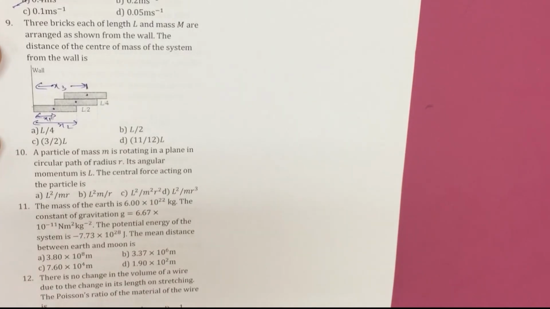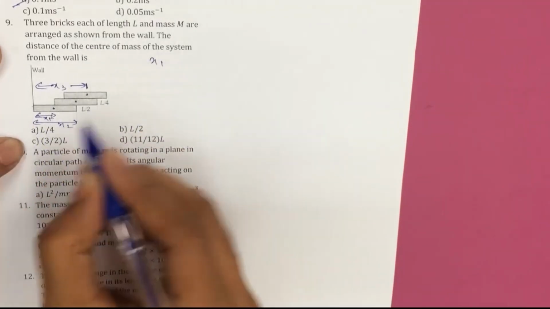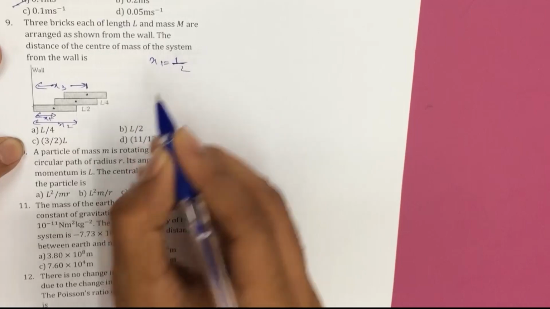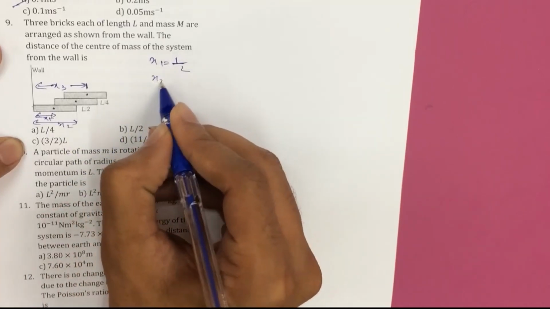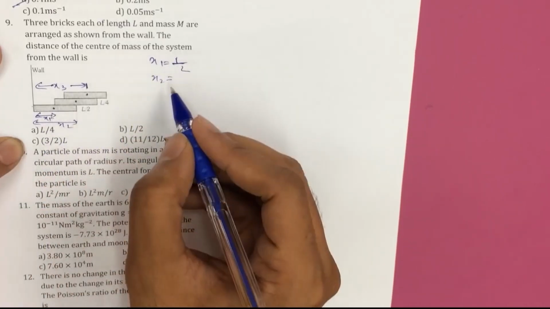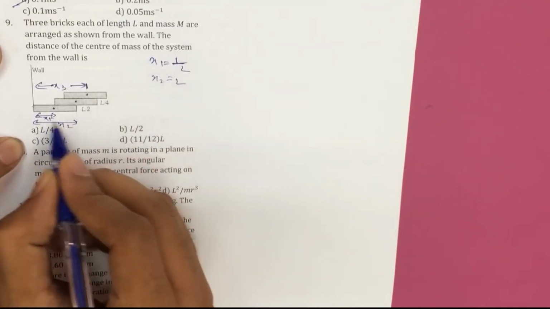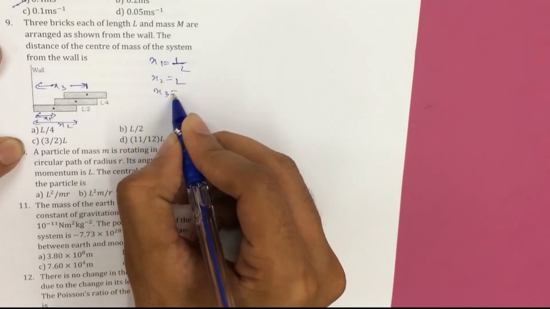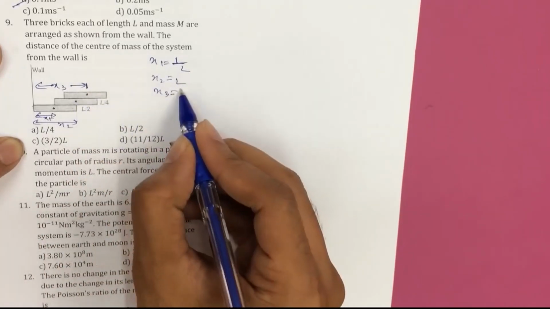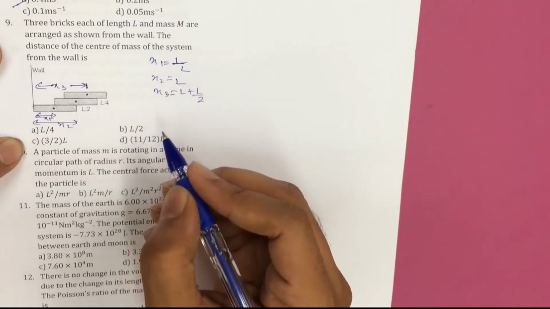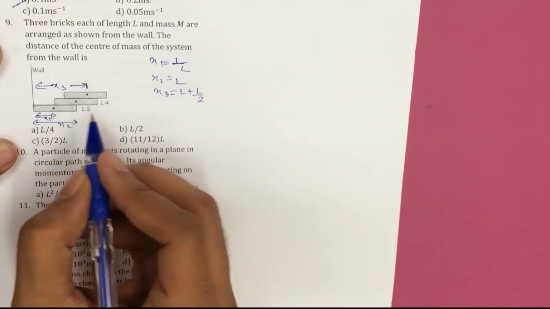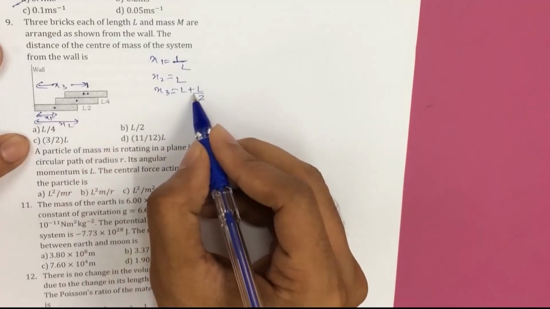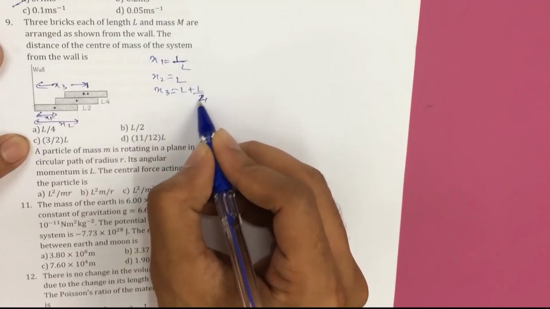Now x1 will be L by 2, x2 will be L, since x2 is nothing but the length of the entire first rod. x3 will be L plus L by 2.